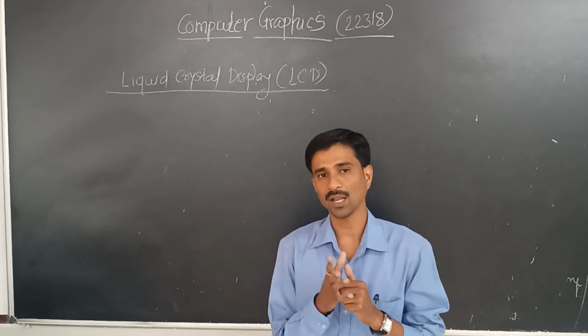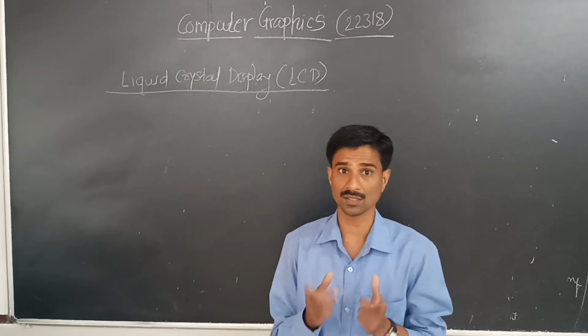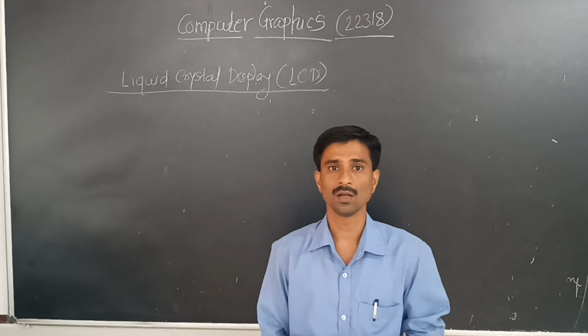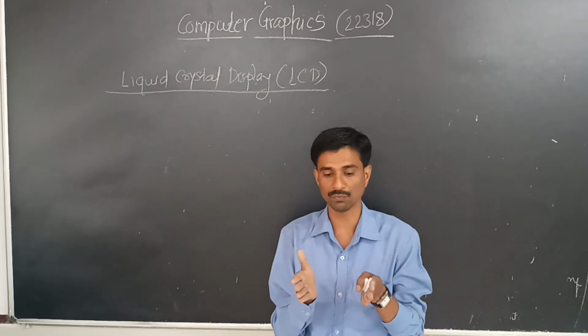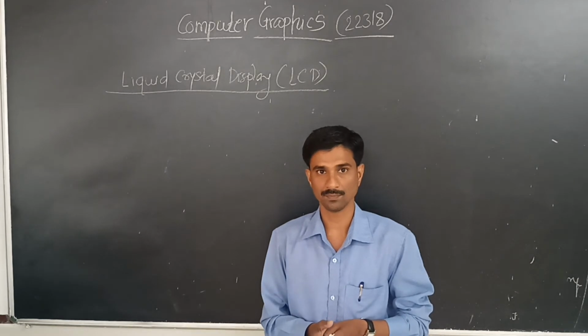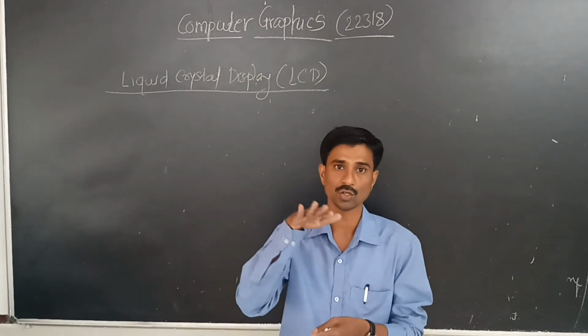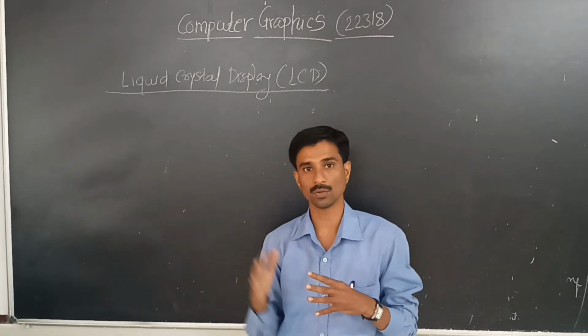We are applying the voltage on the horizontal and vertical electrodes such that they affect the orientation of the nematic crystals, which are placed between the two glass plates, and they are aligned in such a way that they can change the direction of light, and it can easily pass from one polarizer to the other polarizer.